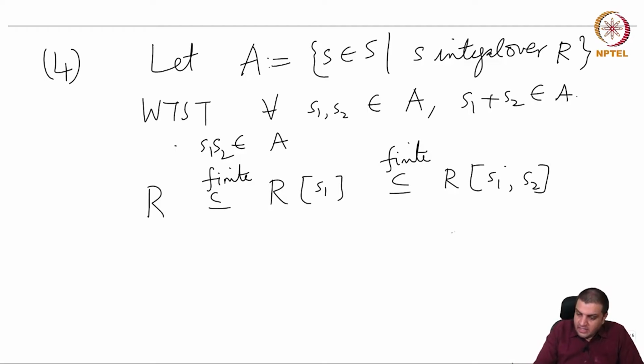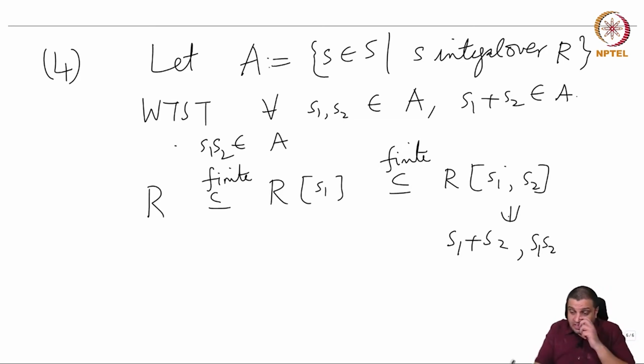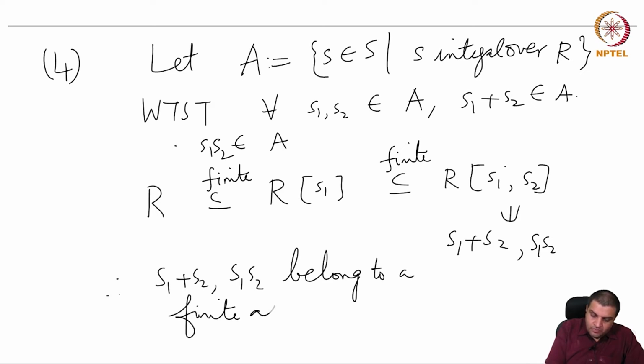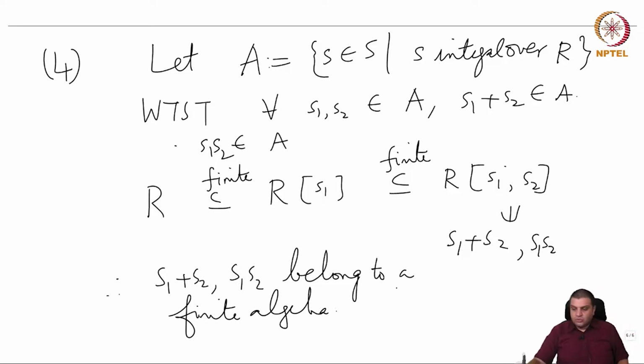S1 plus S2 and S1 S2 are elements here, so these are elements inside a finite algebra. So therefore they are integral. They belong to a finite R algebra, so they are integral.